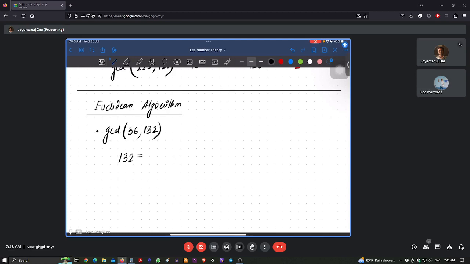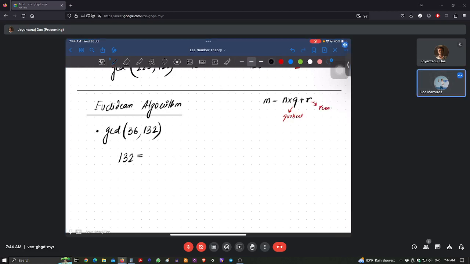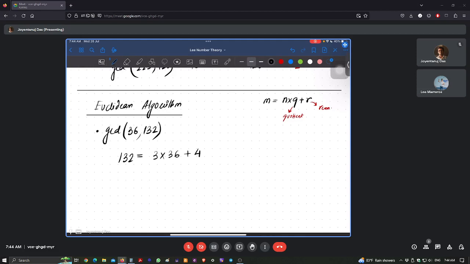Suppose I want to divide m by n, and it is not exactly divisible, so I write m equals n times q plus r. This is the quotient, and this is the remainder. So 132 is 3 times 36 plus 24.